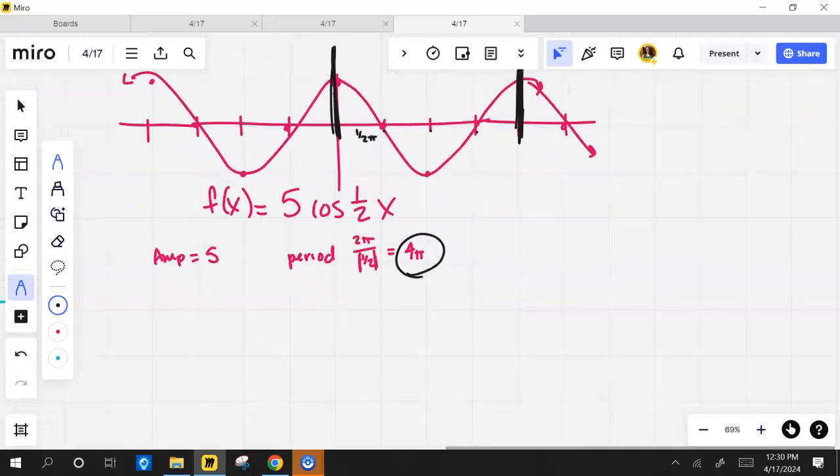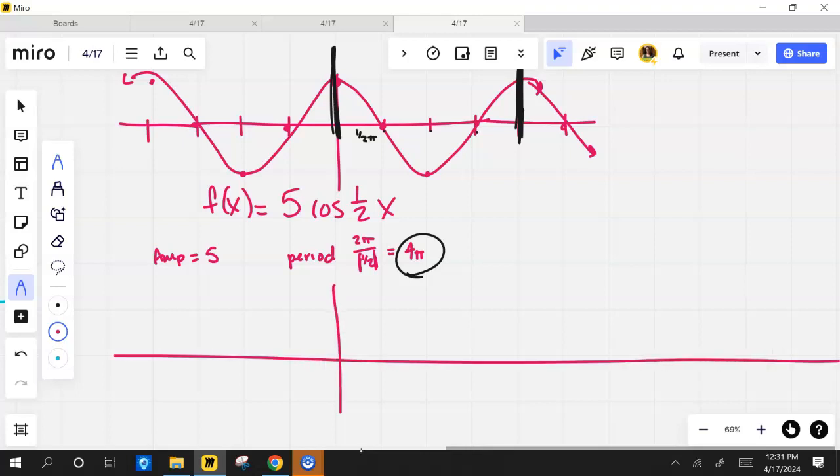If I want to make my period 4 pi, that means there's a half 1, and a half 2, and a half 3, and a half. Here's 4 pi, right? That 4 pi, so now this needs to come in between these two. So my black lines are now here instead of there. Does that make sense? One period. That's one period now.